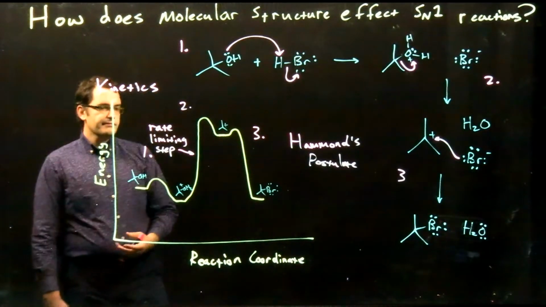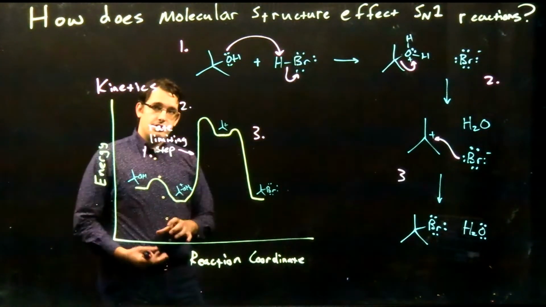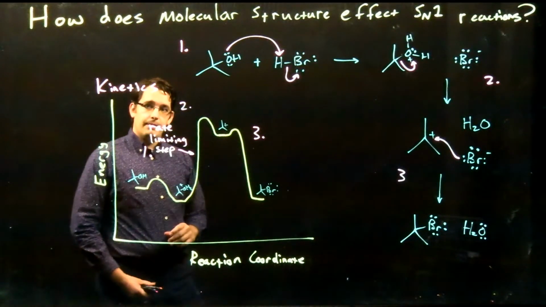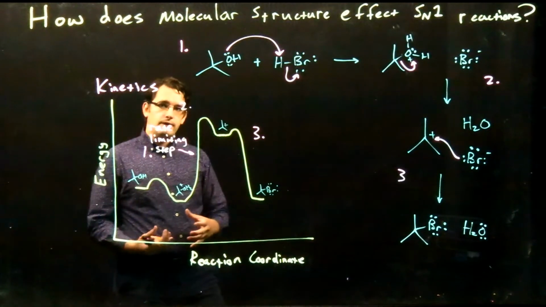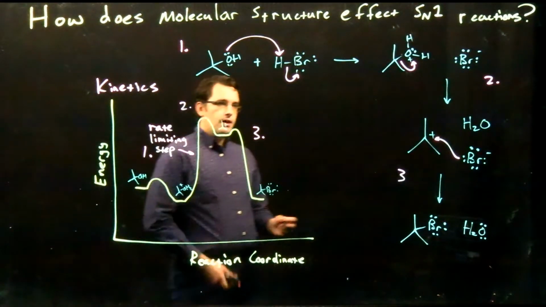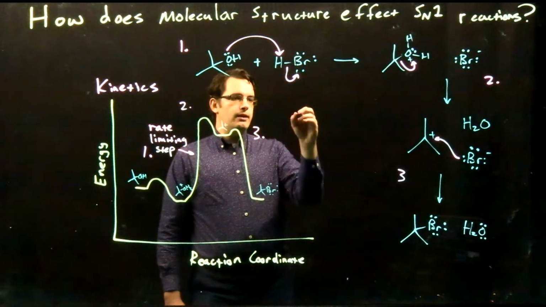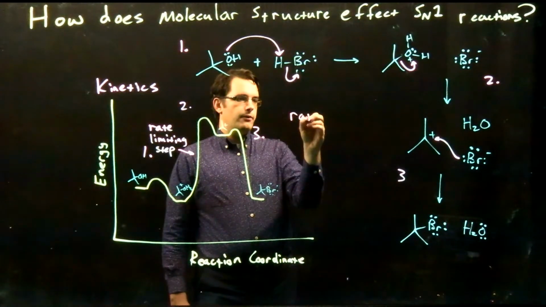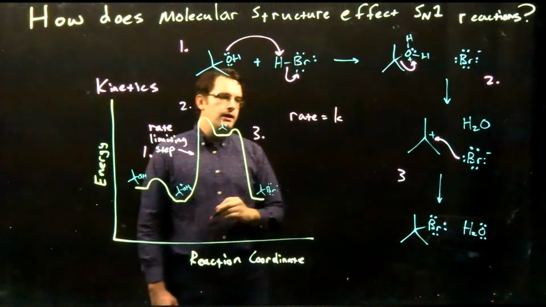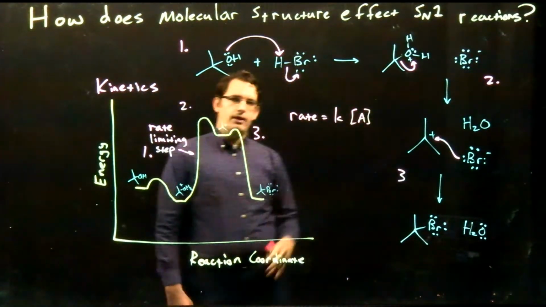Now that we know something about what our overall reaction looks like on our reaction coordinate diagram and what that rate limiting step is, we can look a little bit more closely at what affects the overall rate of our reaction. So first off, of course, in general chemistry, we use these rate laws, where we look at the rate, and we say that the rate was dependent on some rate constant, and then this would be multiplied by the concentrations, right?